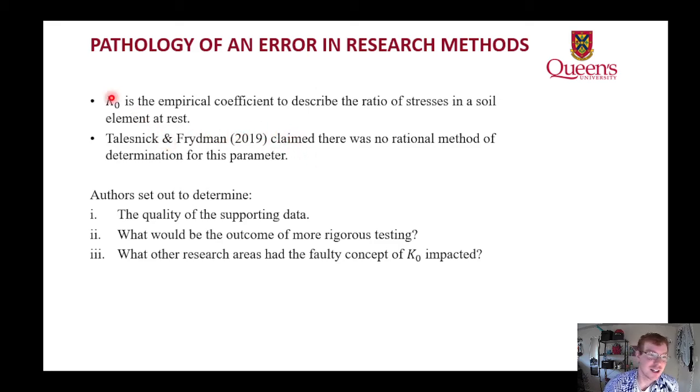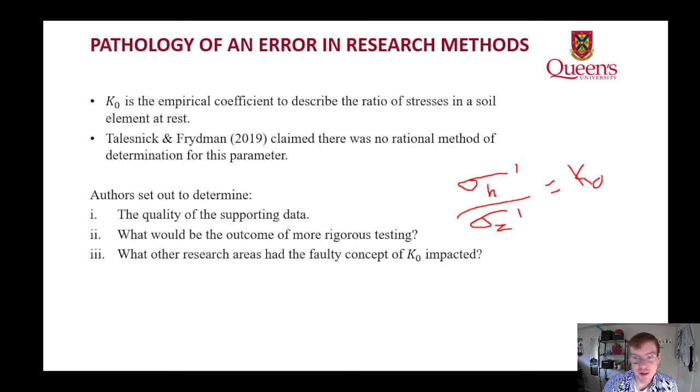So specifically the coefficient of lateral earth pressure at rest, K0. So K0 is an empirical coefficient to describe a ratio of effective horizontal stress over effective vertical stress. So it'll look something like this. Sigma H prime over sigma, we'll use Z prime, equals K0.